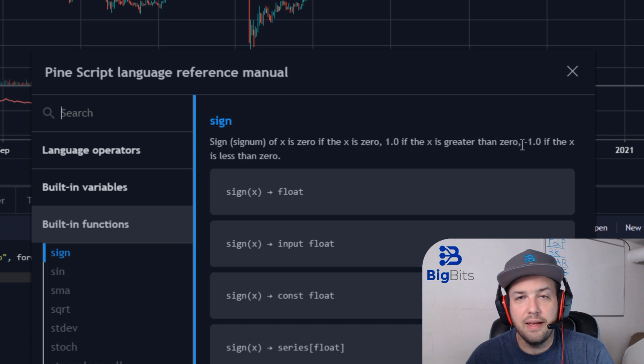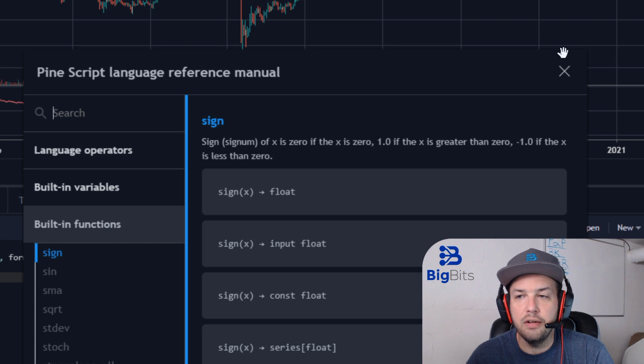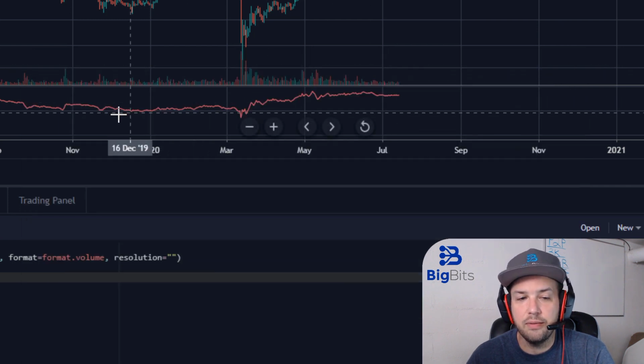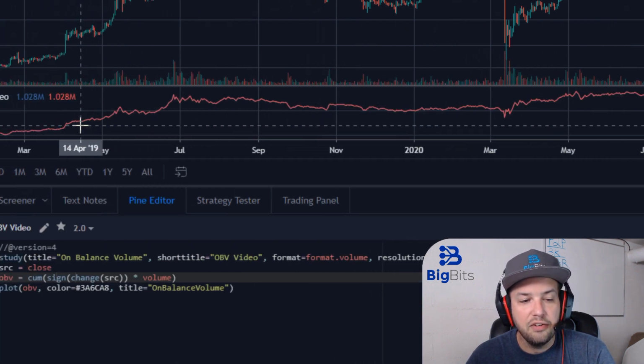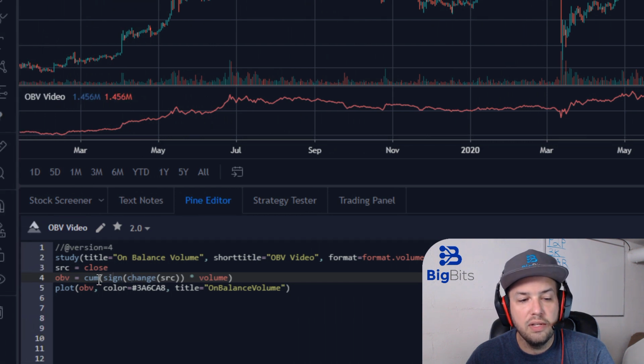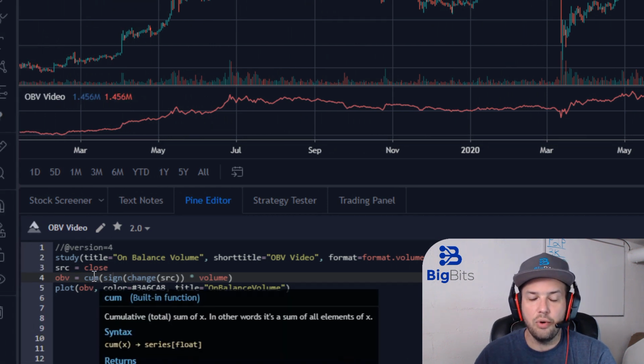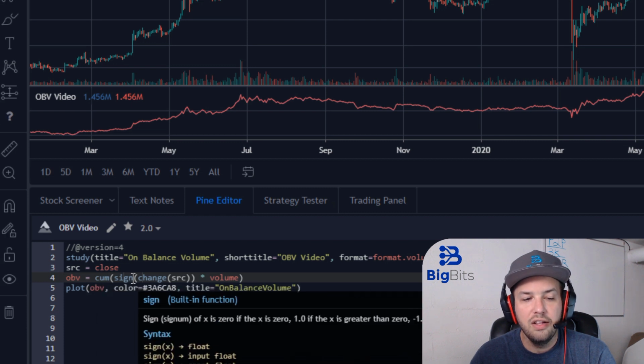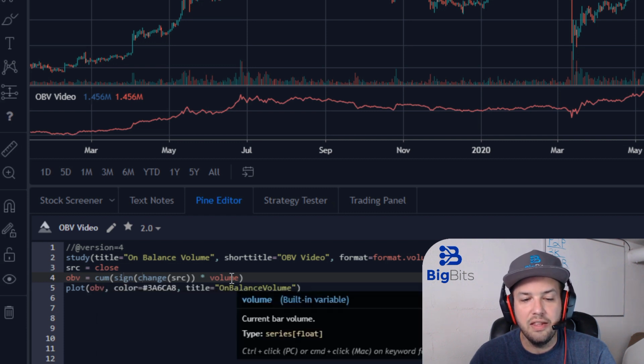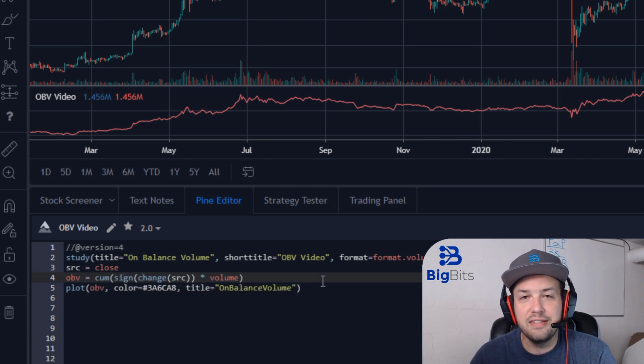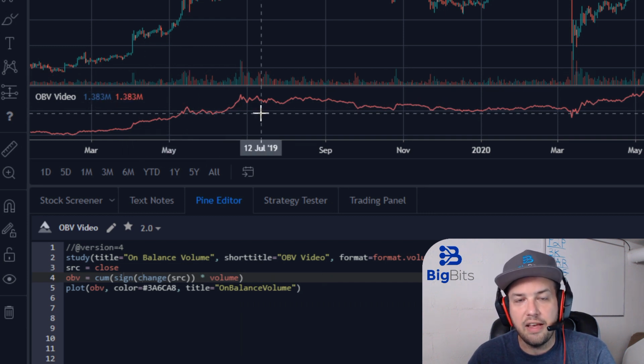That's why they multiply it times the volume, so you get a negative volume to add on top of what you already had, which will decrease it. The final thing they do to calculate this is get the cumulative value, which is the total sum of all of these values in the past. That's exactly what we've done so far, and you can see it produced the exact same result.